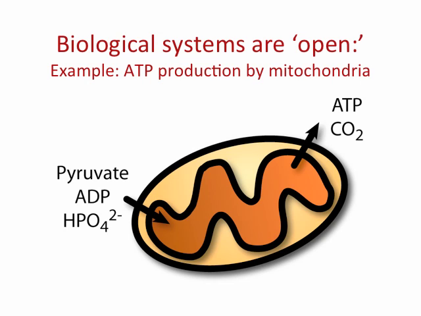This is shown in this diagram using the mitochondria. The mitochondria is an open system where things flow in, like pyruvate, ATP, and inorganic phosphate, and ATP and CO2 flow out.